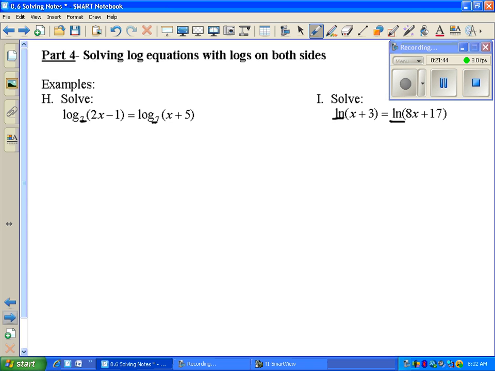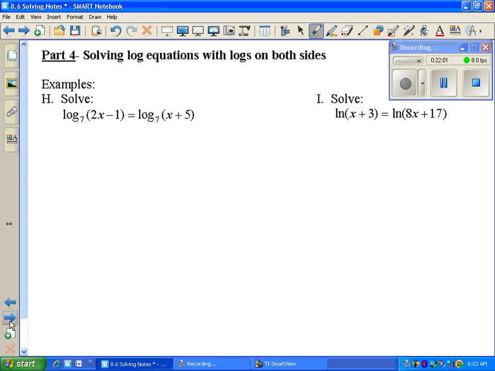If the bases of the logs are not the same, I'll have to do some investigation, but at this point I don't think we can do much to it. It's hard to change the base. Could we do some stuff? Yes, but then you're doing logs of logs and it gets confusing, and we won't go into that in depth.